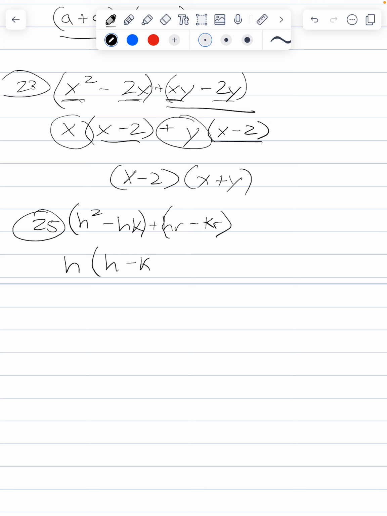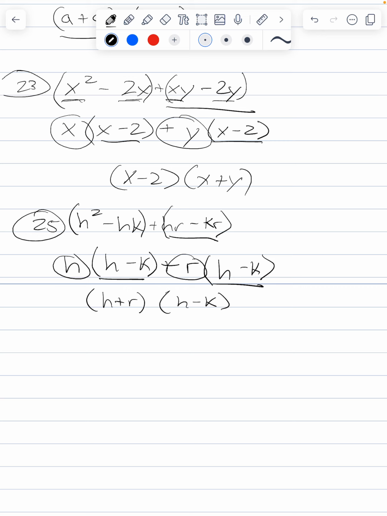Hk divided by h is k. Plus, looks like we've got an r in common here. So I can take an r out. I've divided by r. I'm left with h minus k. And, again, h minus k is a common factor. That being the case, I'm left with h plus r times h minus k.